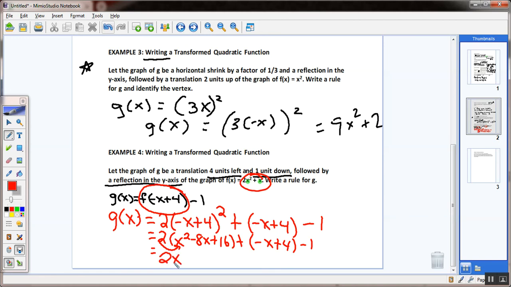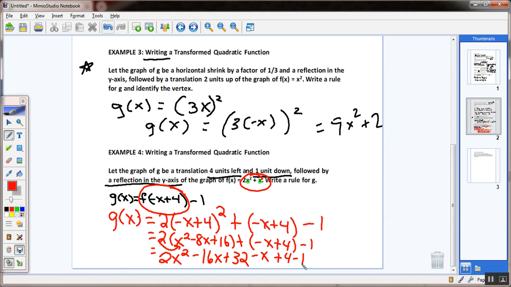Two x to the second minus 16x plus 32. When you take that all times 2, right? You've got a plus a minus x, so that's just minus x plus the 4 minus 1.